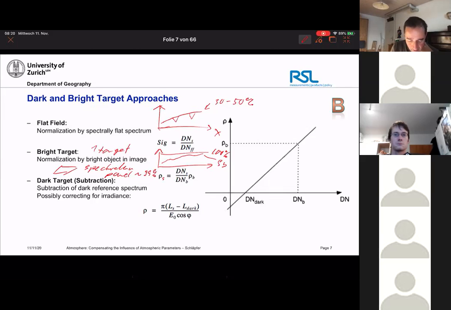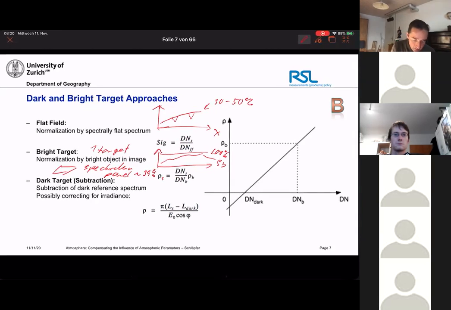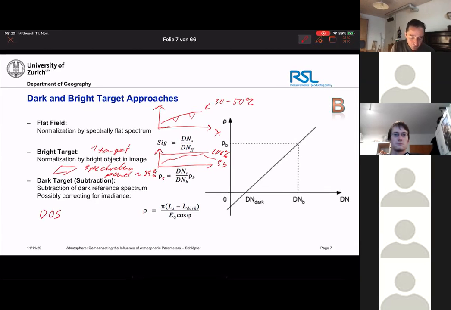So it's dark target subtraction, also called DOS, the dark object subtraction method. This usually only does DN. The most simple way is just DN minus DN dark. So you find an average dark signal, you subtract it, and that's it. So this is the very most simple dark object subtraction method. And if you want to do a reflectance retrieval with that, you have to divide by some irradiance.